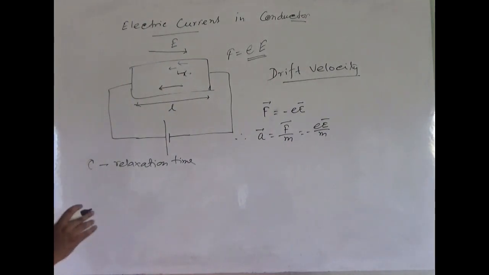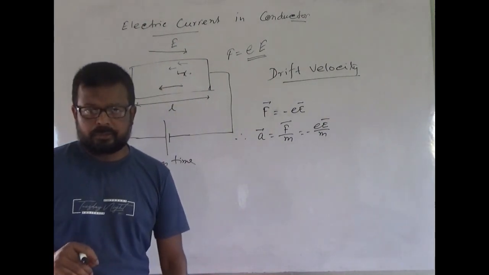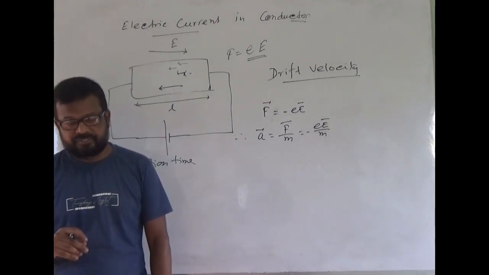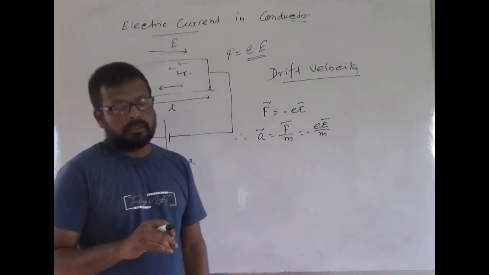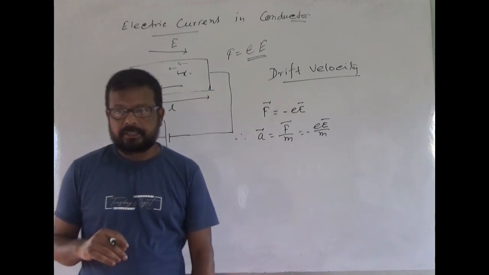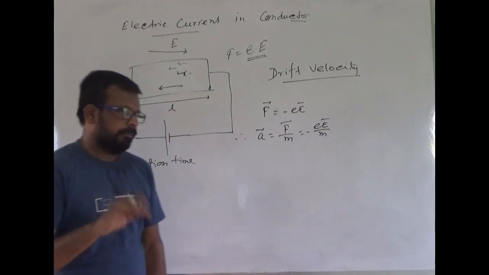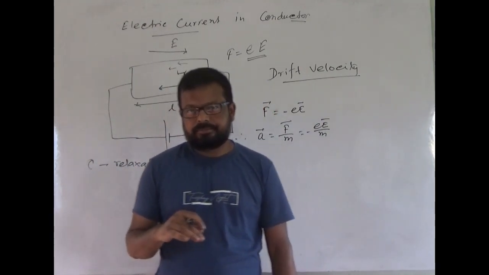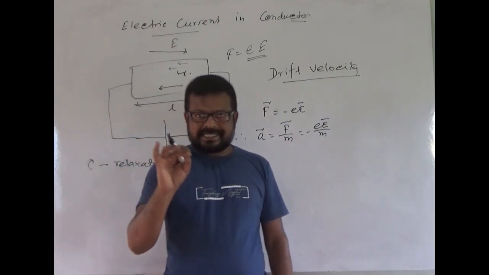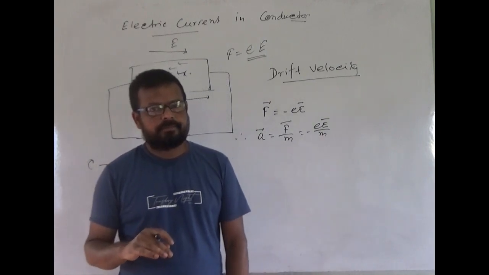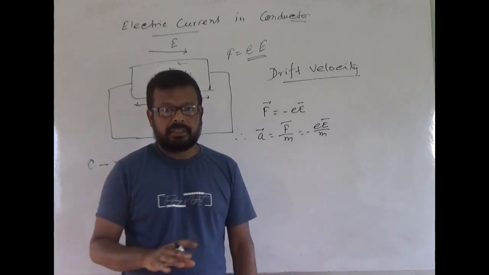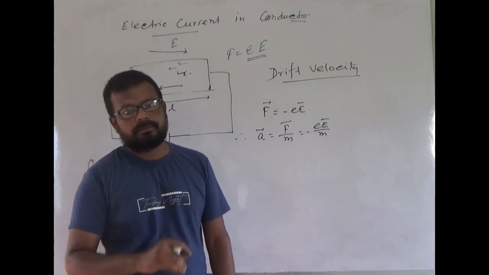Clear? Now we are going to find a relation between the applied electric field and the drift velocity. Let us say every free electron possesses a thermal velocity which exists in the absence of an electric field also.